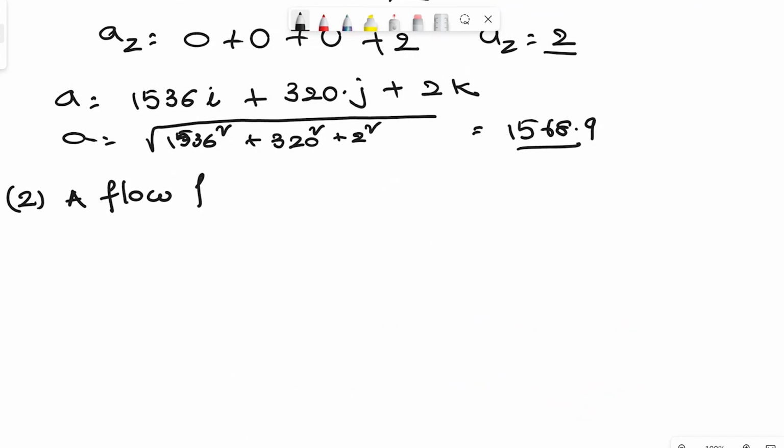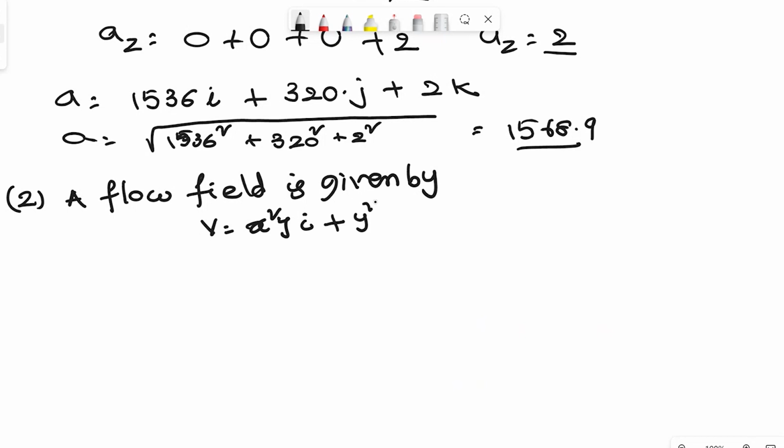A flow field is given by V is equal to x square y i plus y square z j minus 2xyz plus yz square into k.